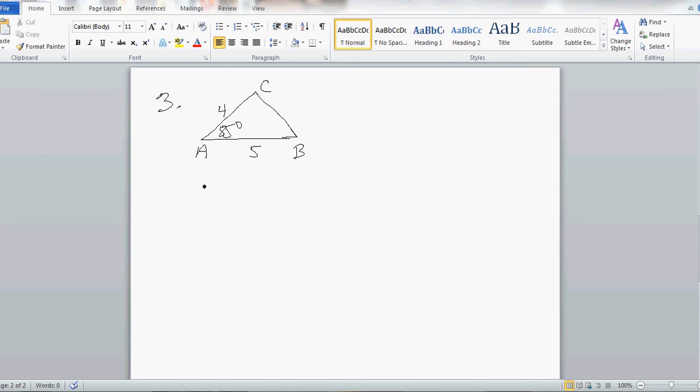So that would be A squared is equal to 4 squared plus 5 squared minus 2 times 4 times 5 times the cosine of 85 degrees.